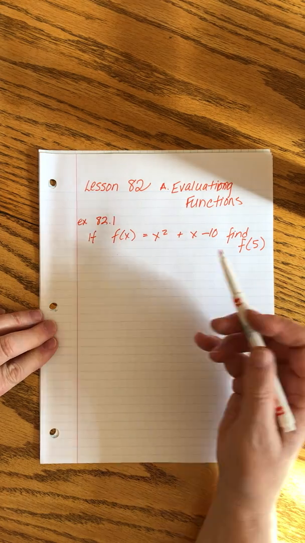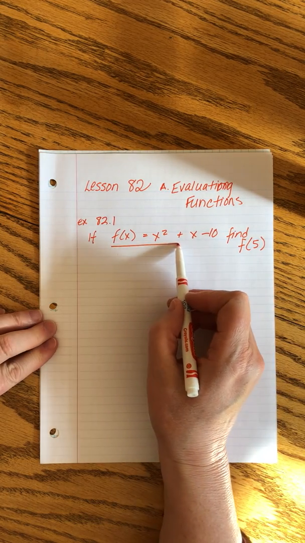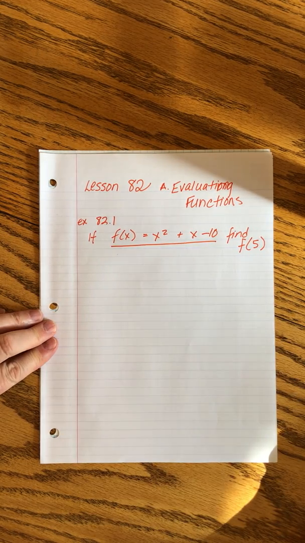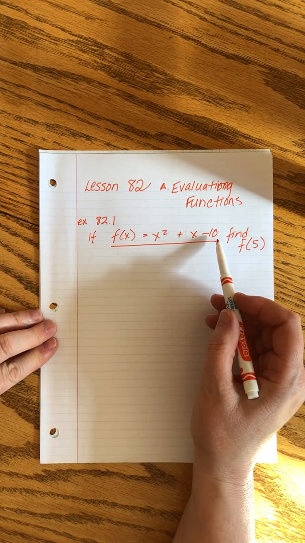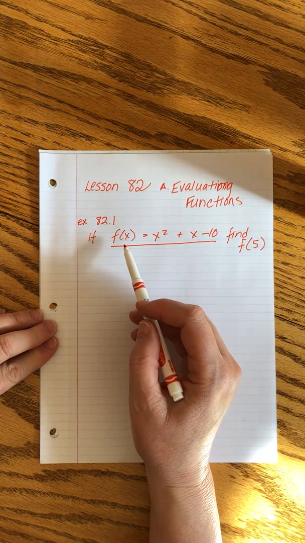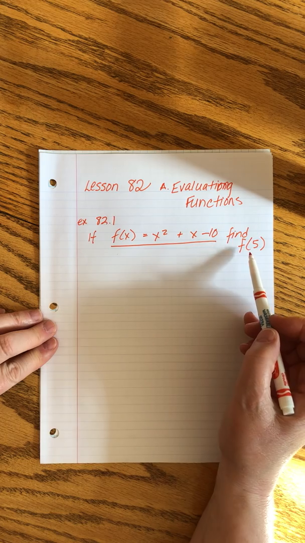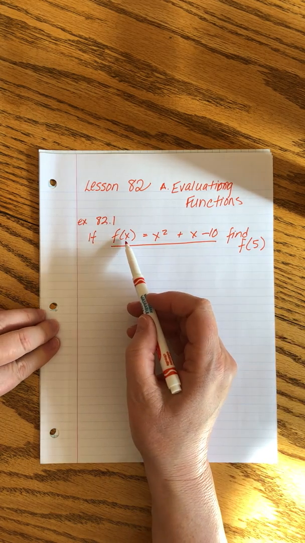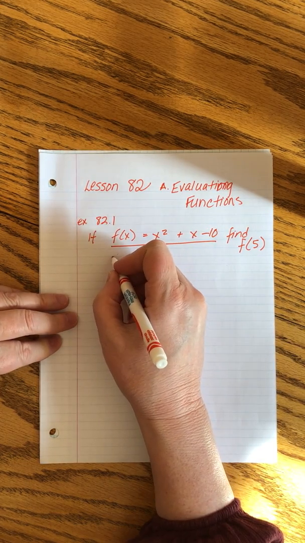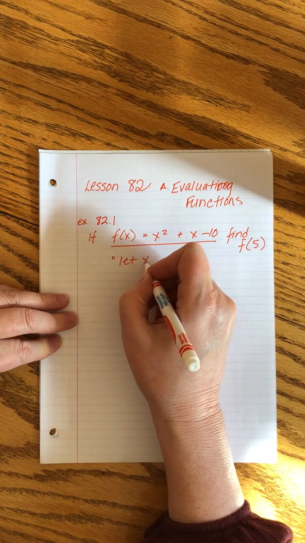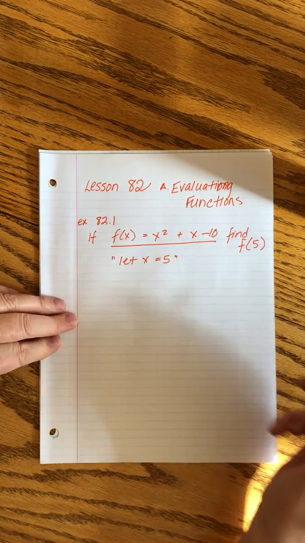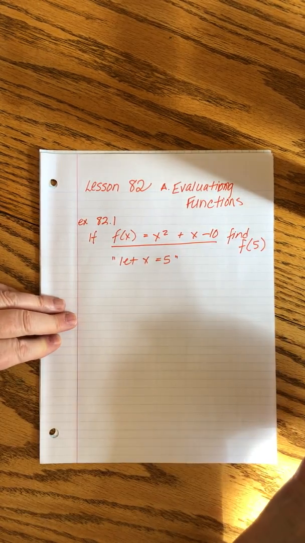Here is what we call a function. It's really just an expression that is named, and we're asked to plug in 5. It's another way of saying let x equal 5, and we plug 5 into this, and then we get an answer.